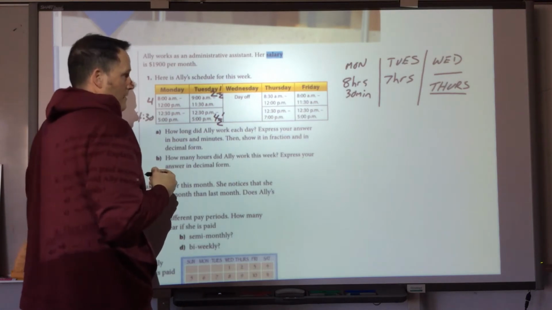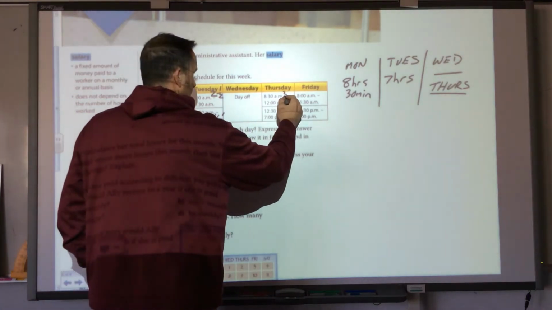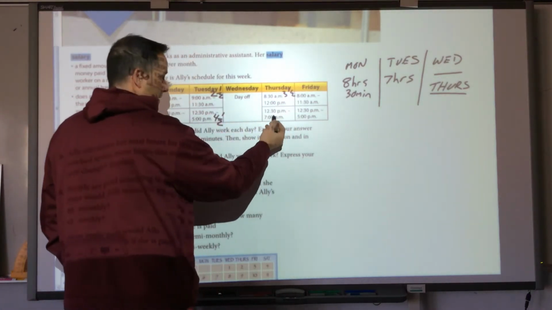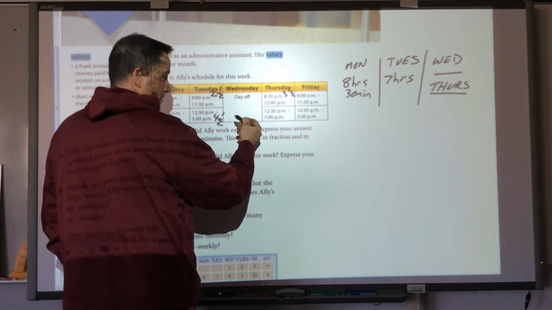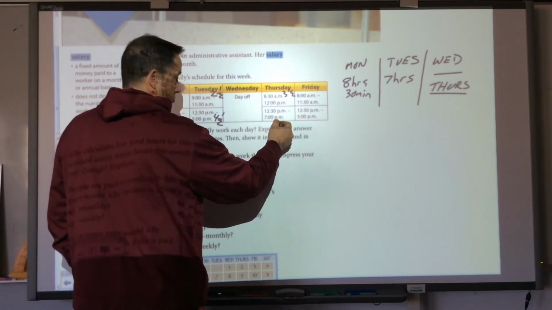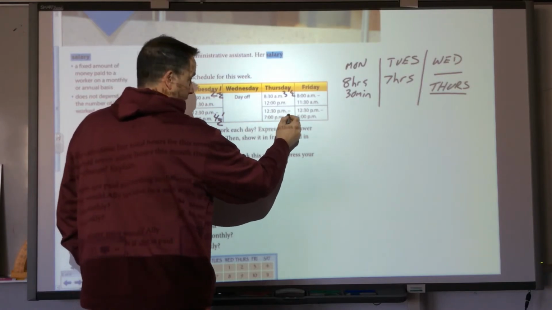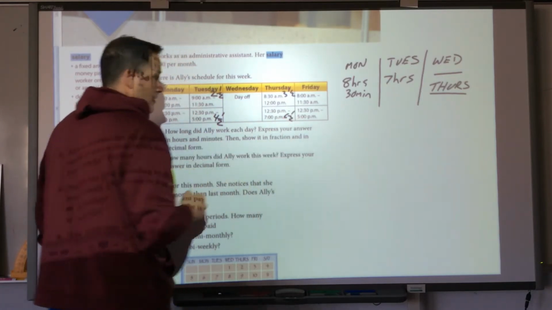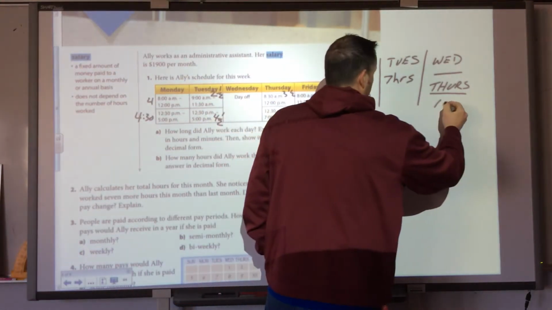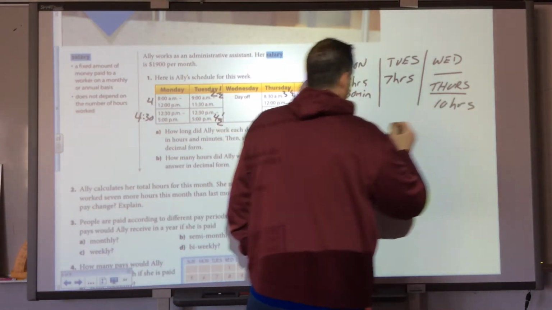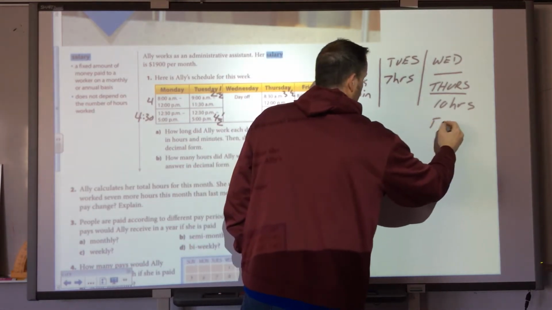Thursday, on the other hand, that's 3.5. And then 3.5, 7 p.m., so she worked 6.5 here. So that means she worked 10 hours. And then finally we have Friday.